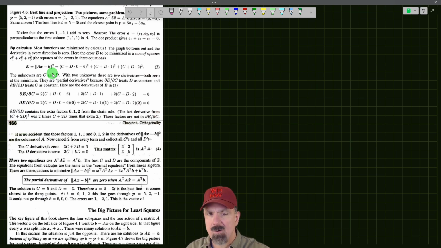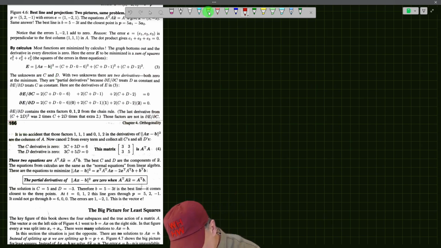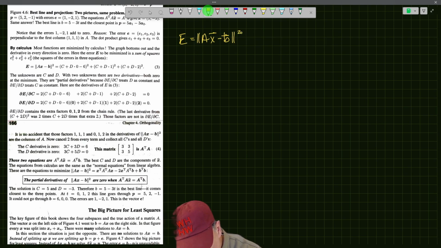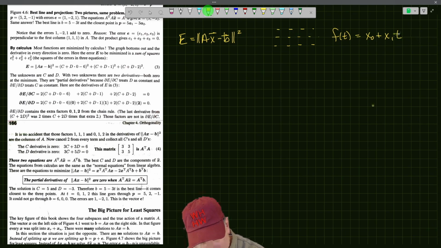Let me write this out. This is an important thing for me to show you so that you understand. The error is equal to, as we said, AX minus B. And we want to minimize over all possible x's. Well, let's think for a minute about what this is going to look like. Anytime I have a set of equations and they're built upon a model that looks like f of t is equal to x naught plus x1t, that set of equations is always going to be the same.